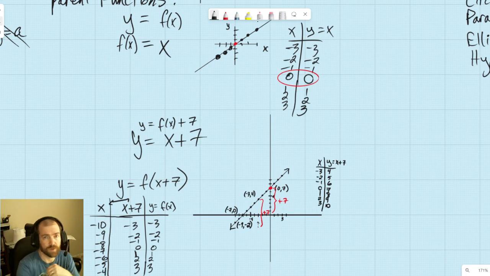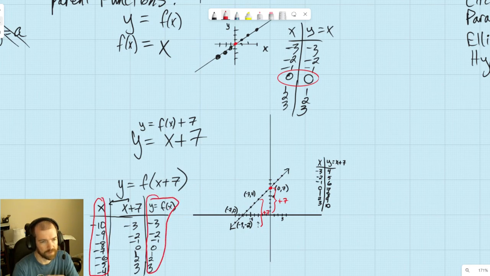So now we have to read this as these are our x values for these points, and these are our y values for these points.